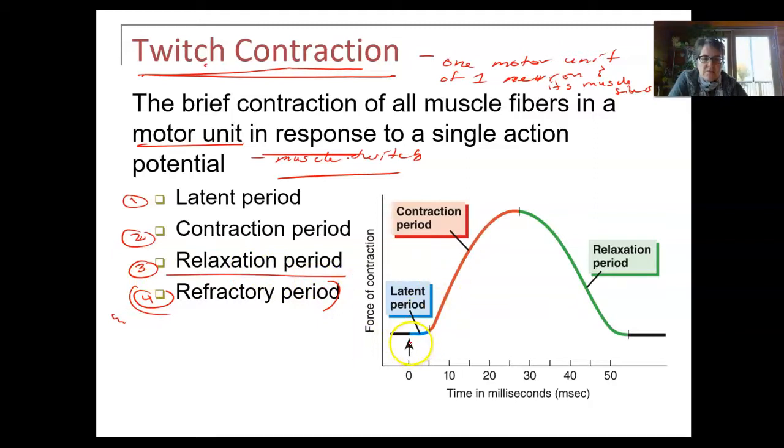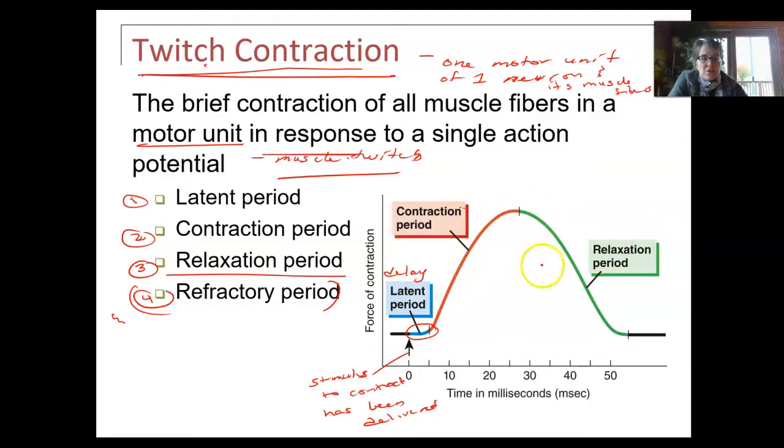So at time 0, where this arrow is, this is when the stimulus to contract has been delivered. And there's a delay. So this latent period is the delay before contraction occurs.